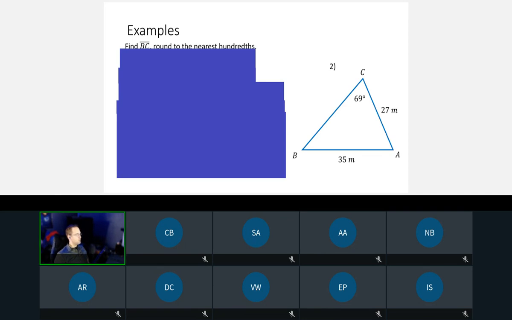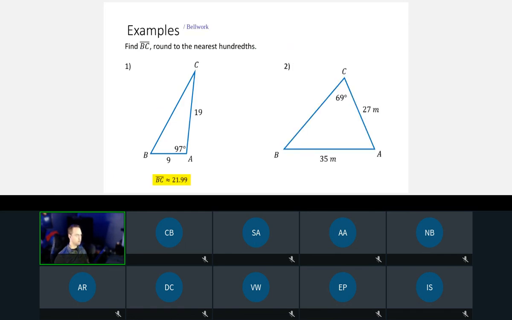Okay, number 2. Let me go back to this page here so none of you try to peek underneath those boxes. Most of you should have started number 2 by now. So let's say 3 more minutes to finish up number 2.